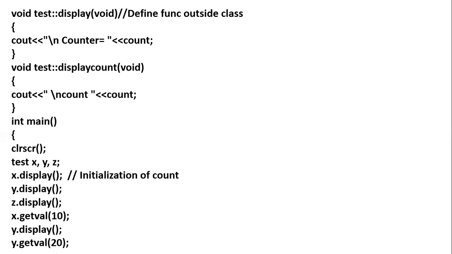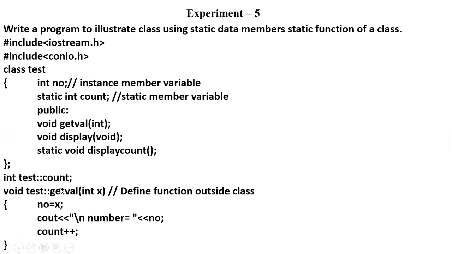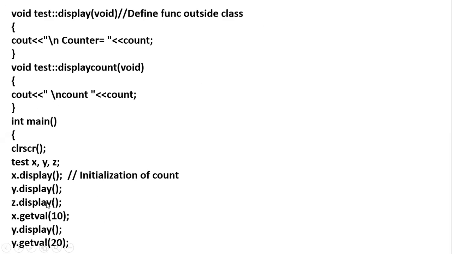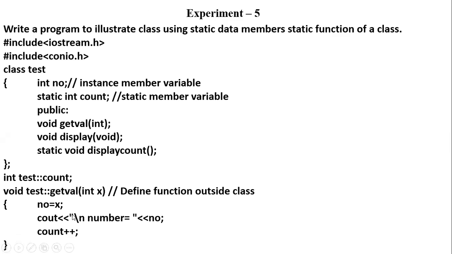After that I have given x getval 10, meaning we are passing 10 as a parameter. The value 10 is assigned to x, and no equals x, meaning no for x will be 10. It will display 10, and after that count plus plus, so the value of count will be 1.